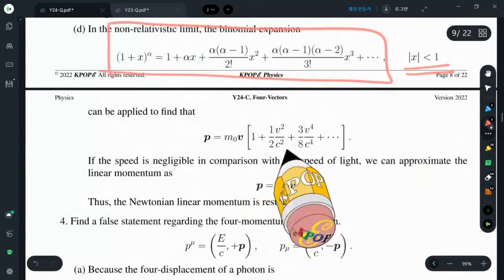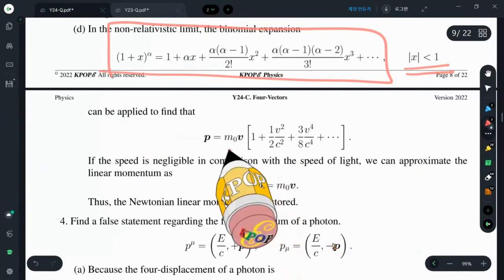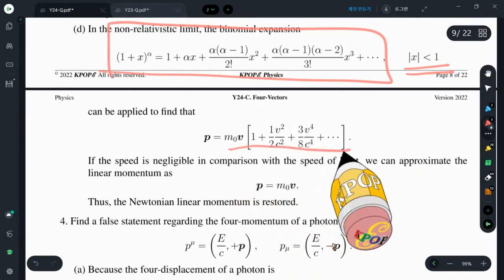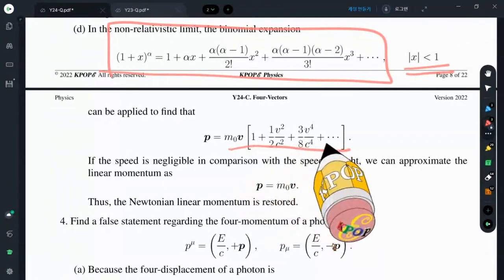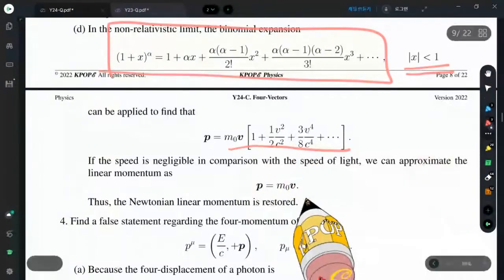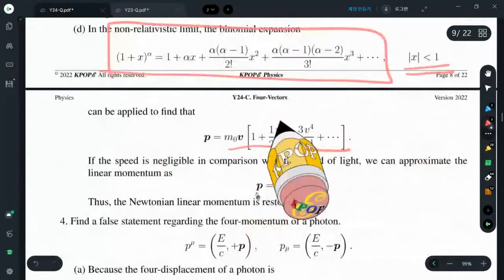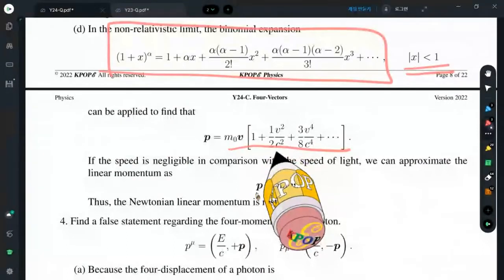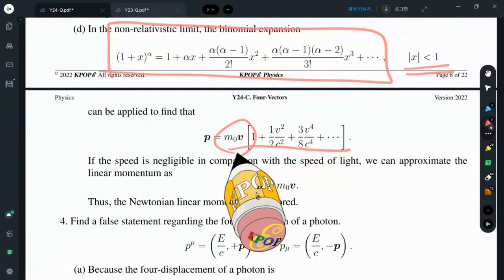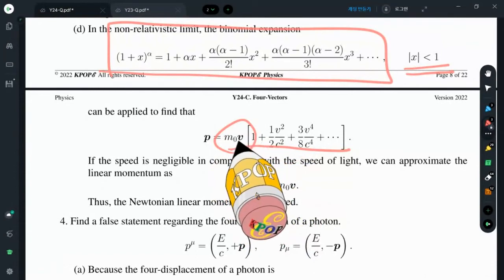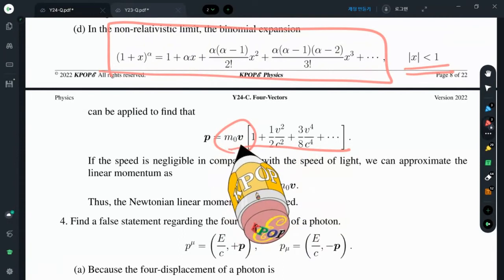If we expand this one, you will find these kinds of terms. As v approaches c, you have to sum to infinity. The exact form is this. If v is much smaller than c, you can see the non-relativistic limit, the Newtonian expression for the momentum, is reproduced.